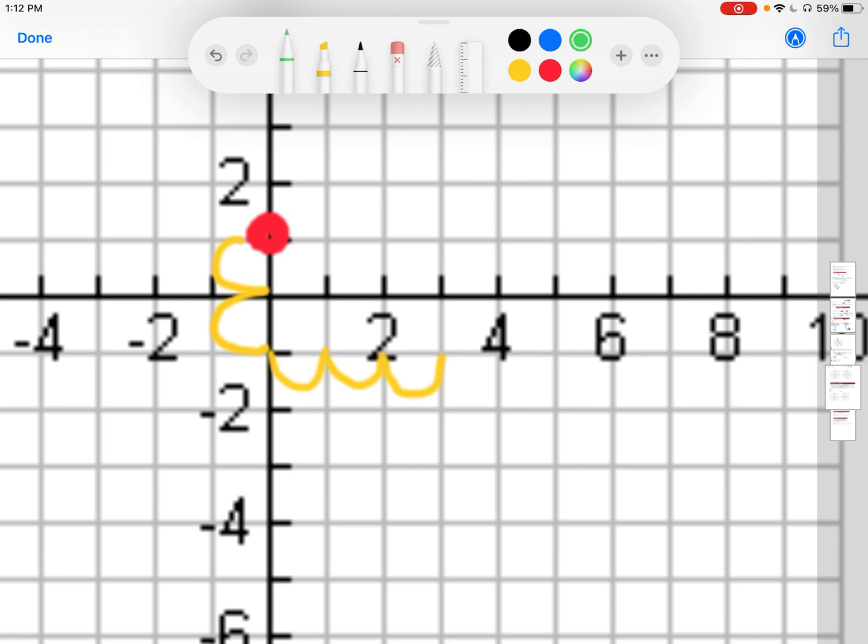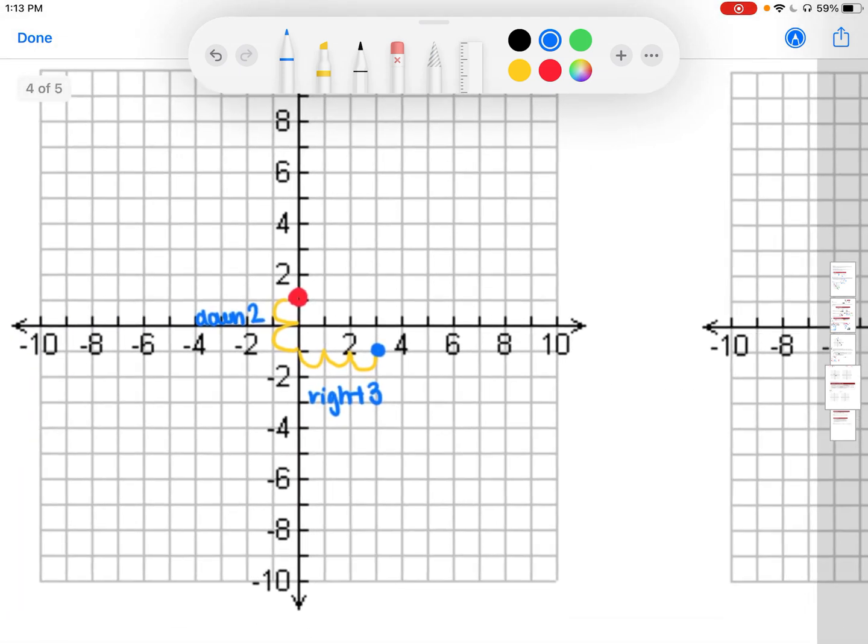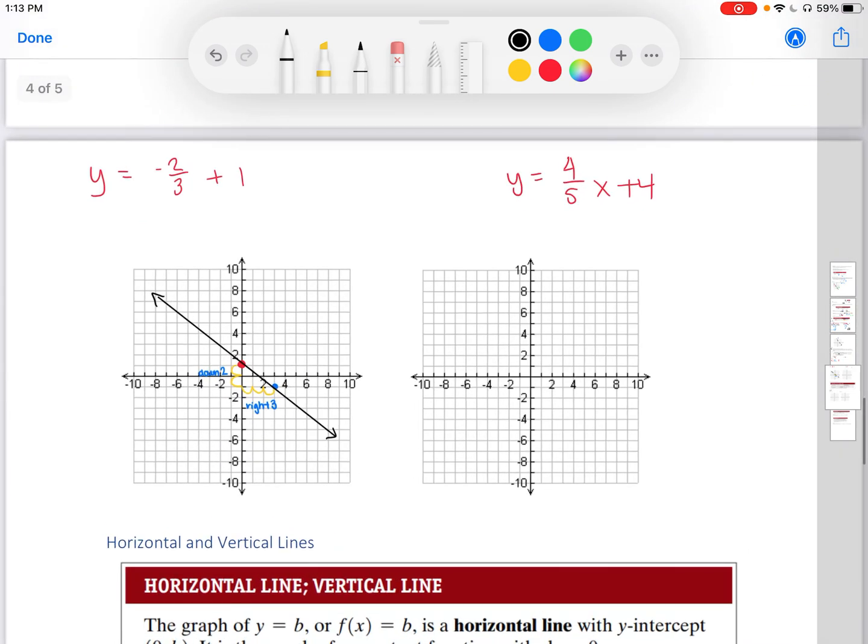So this is my new point to find my slope. So I went down 2 and I went to the right 3. And that produces our desired graph. And now from there we can just go ahead and connect your points. If you miss your points, a very bad trick is you can just make your circle bigger. Right? So there we have our first graph.